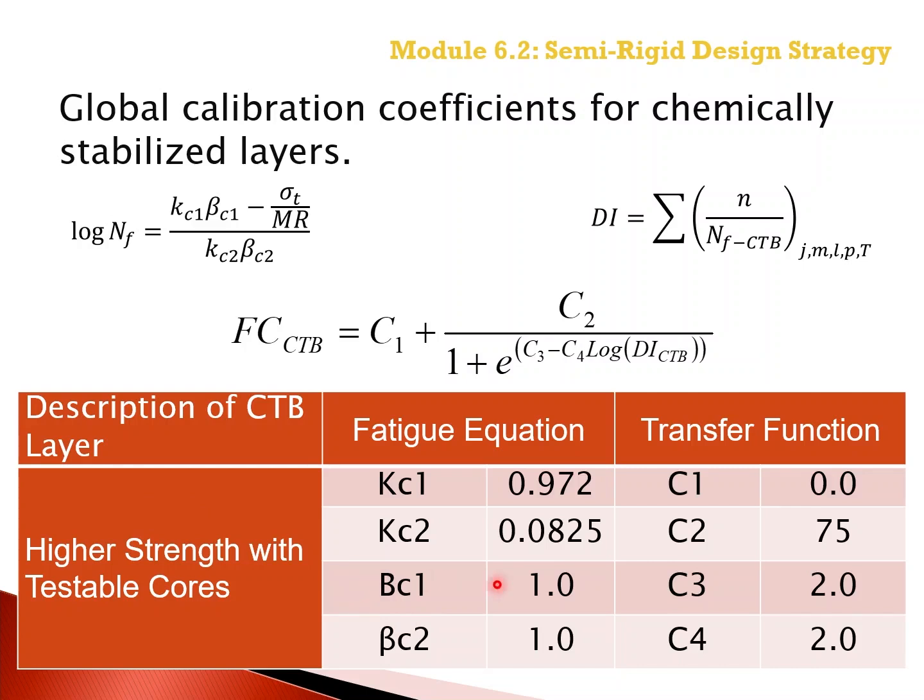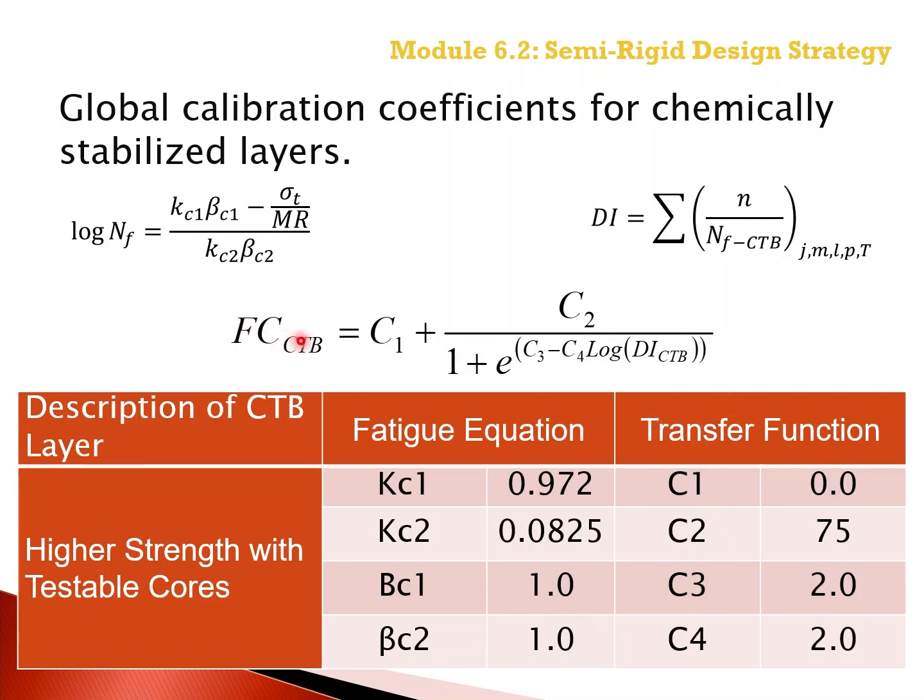The laboratory derived values, or the K values, KC1 and KC2, for defining the allowable number of load applications are basically defined in the laboratory. The beta values are the calibration of the laboratory values. In the case of the global calibration, they're basically 1.0.